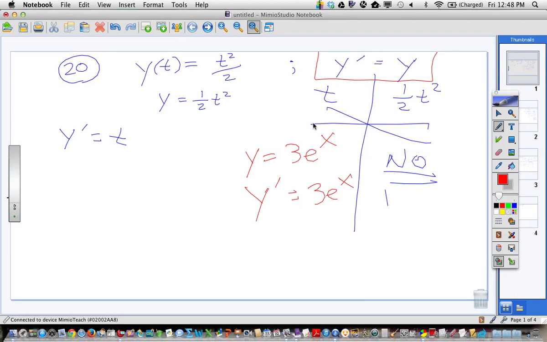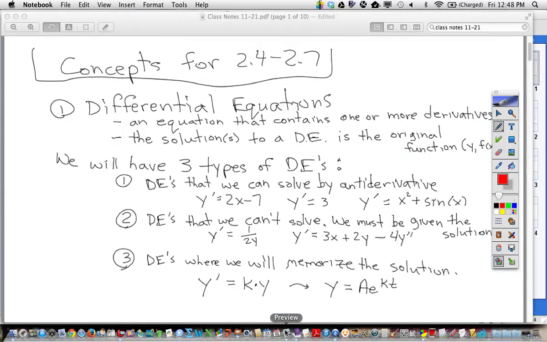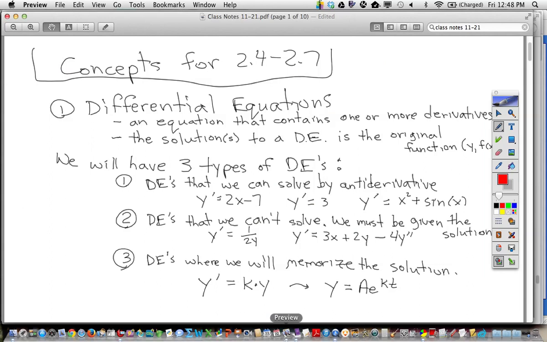So the solution to this differential equation is y equals a e to the x. And if you look at our notes, if k is a 1, y prime equals y, put a 1 in for k, we get a e to the t, the same as a e to the x, right? So that kind of makes sense. But that's exponential growth. Any exponential growth problem like bank interest, stuff like that, is going to fit that model.